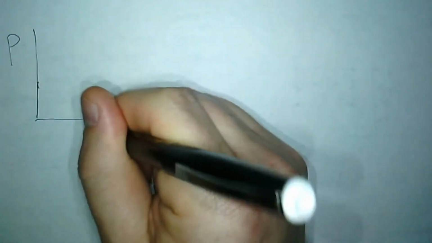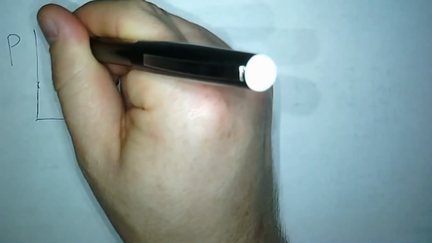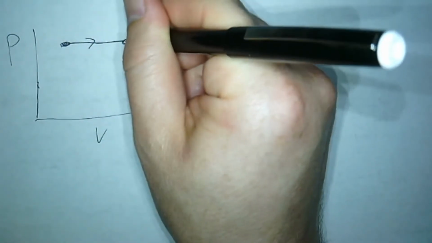I think it might help if we broke this down a little bit. So if we have a pressure-volume graph like this, when we go this way in this process, the gas is doing work, right?